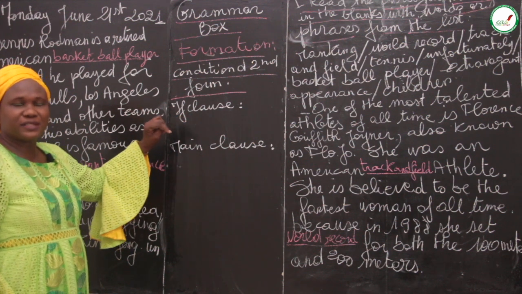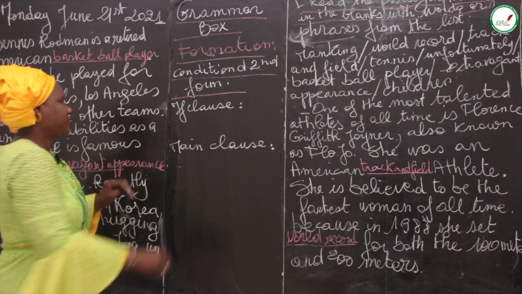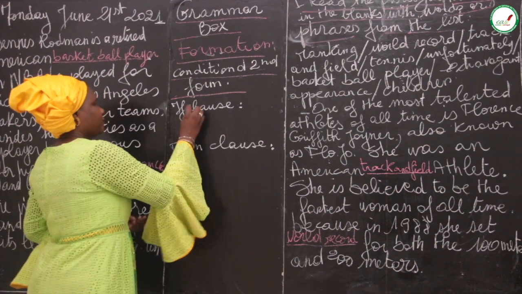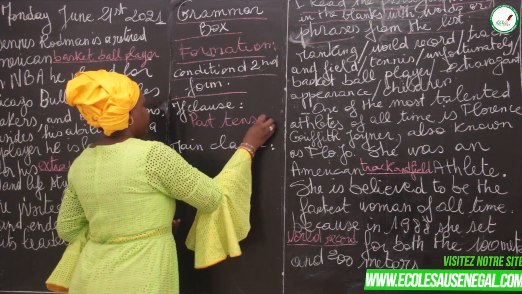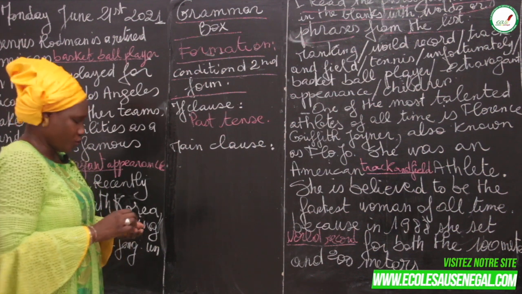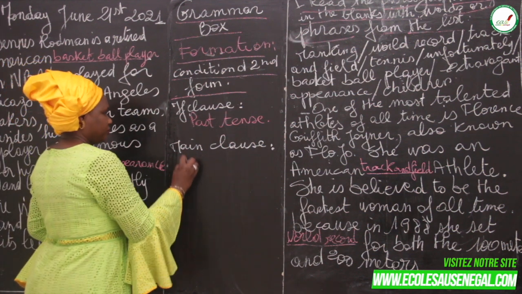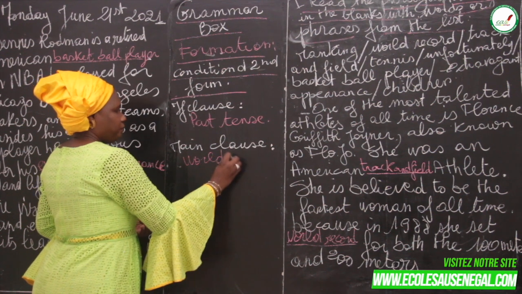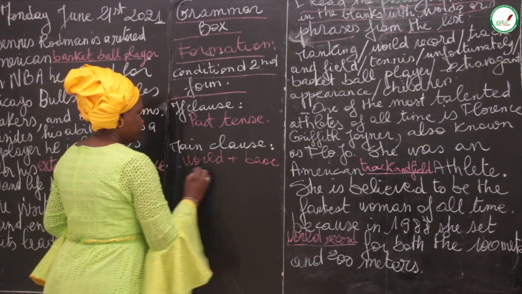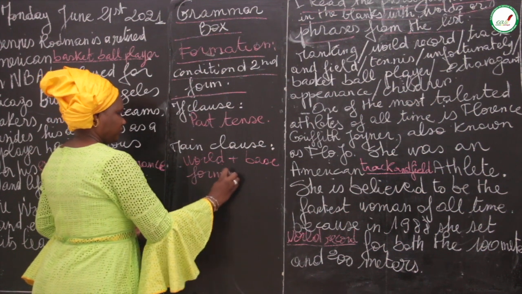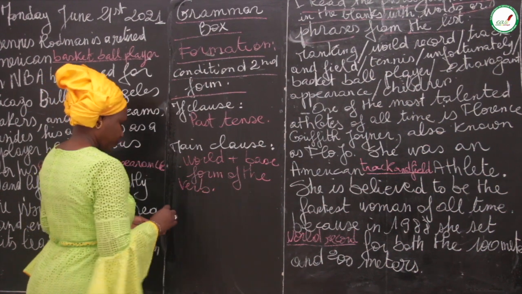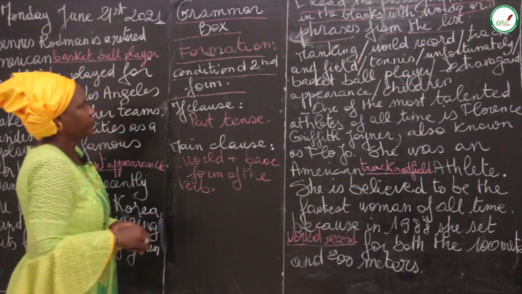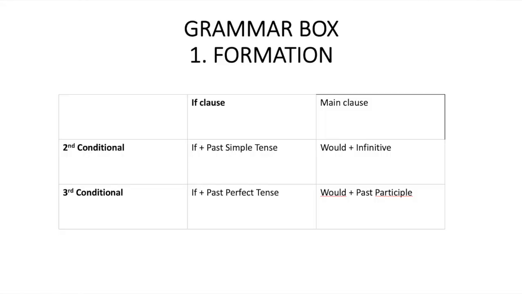The verb must be in the past tense. And in the main clause, we are going to have would plus the base form of the verb. So this is how we form the conditional second form.